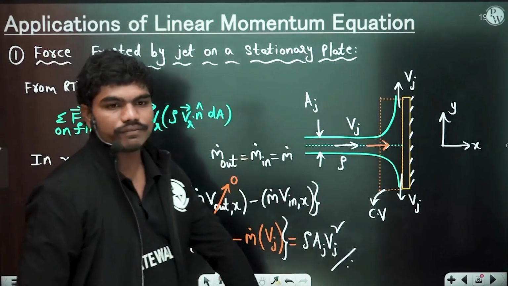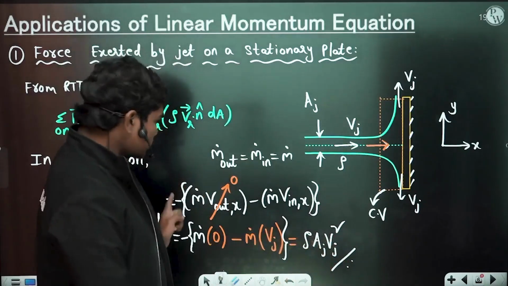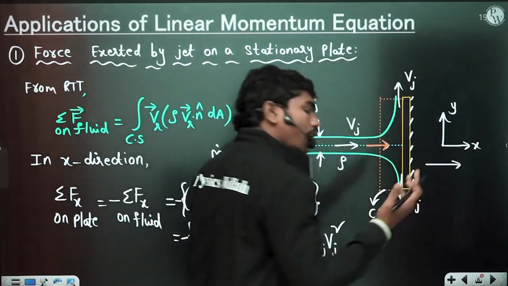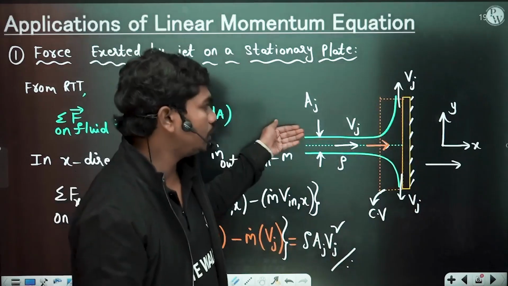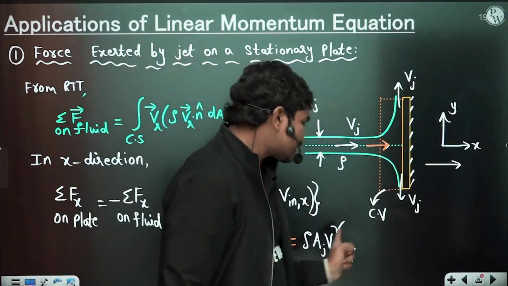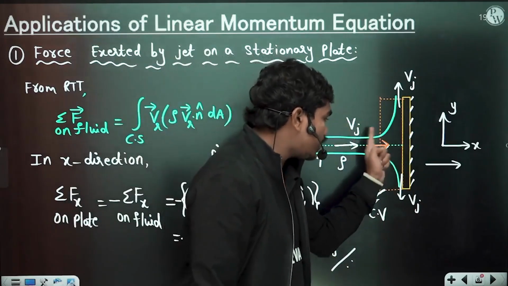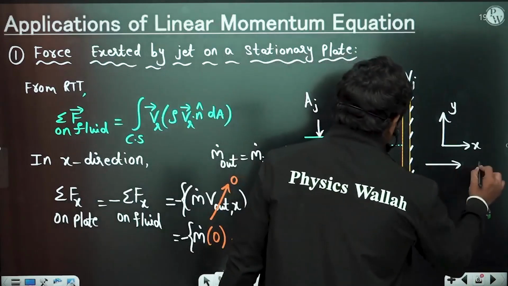So rho Aj Vj square is undoubtedly a positive value, which means the force acting on the plate is in the positive direction of x. And obviously we know from our intuition that if a fluid jet hits the plate, force will act on the plate in the x direction. So that's how this is a positive value, which tells you that the force exerted by the fluid on the plate is in the positive x direction.